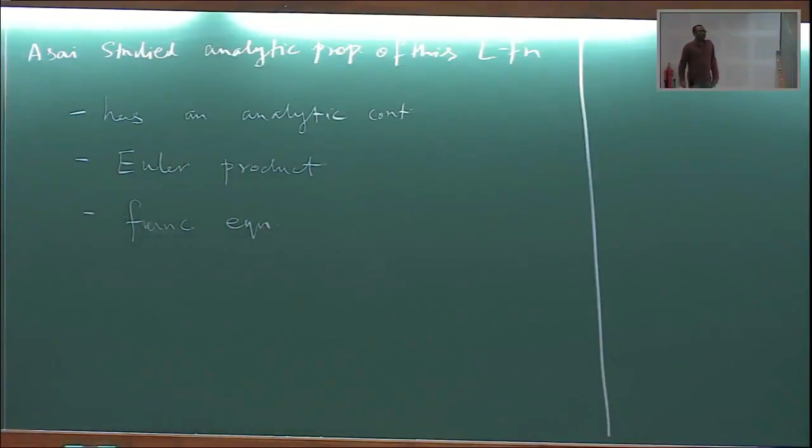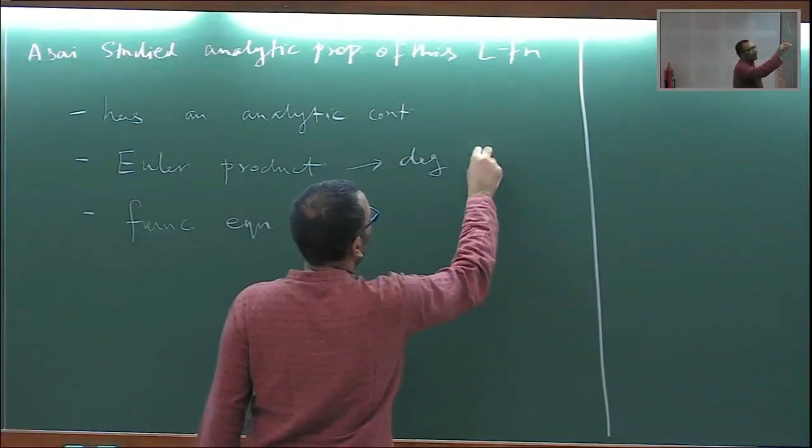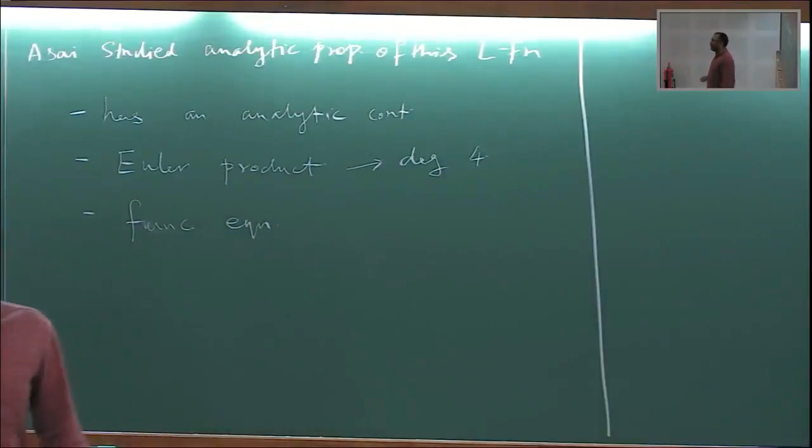And the Euler product: this is a degree 4 L-function, by the way. What I mean by this is that in the Euler product you usually have 1 over some polynomial evaluated at p to the power minus s, and this polynomial has degree 4 almost everywhere. So this is what Asai did in his 77 paper.